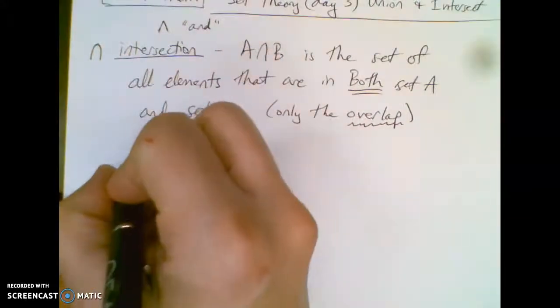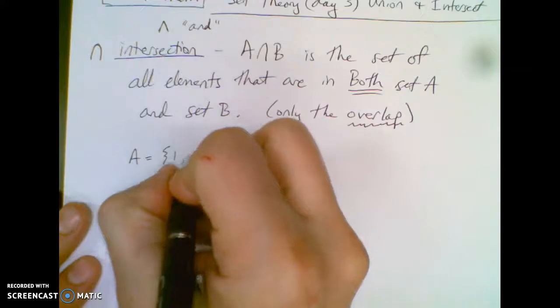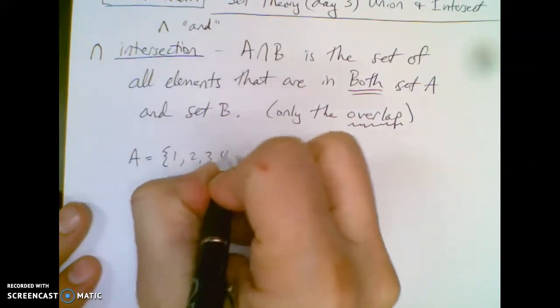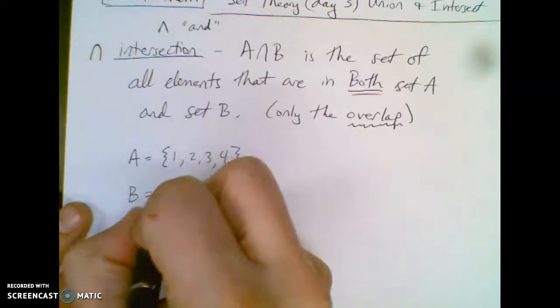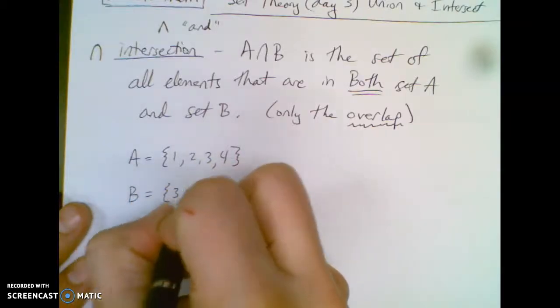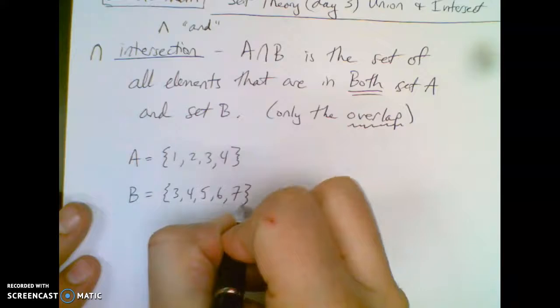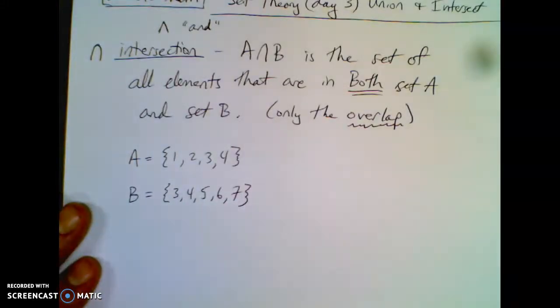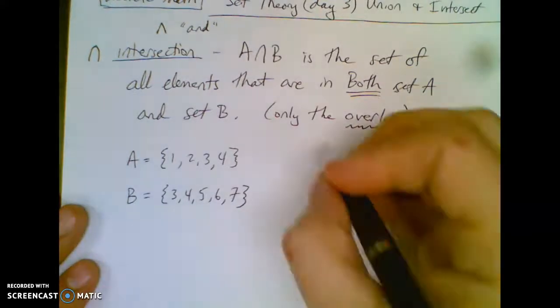So if we go back to sets, remember sets are written with curly braces. Let's say set A was {1, 2, 3, 4}. And set B was {3, 4, 5, 6, 7}. Now we've tried subsets and proper subsets and equals and complements and universe and empty set and all that stuff. Now we have a new action.